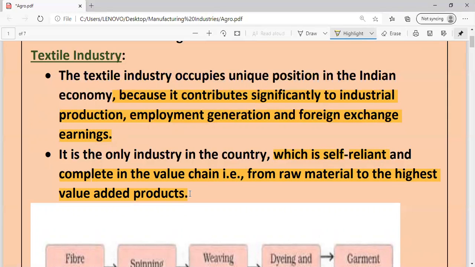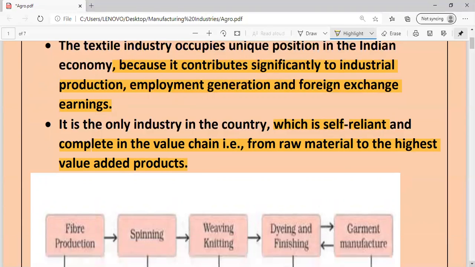It is self-reliant. No need to buy the raw materials from other countries. That is why it is known as a self-reliant industry. So that is why it occupies a unique position in the Indian economy. The answer comes from these 2 points, and it helps in high value addition.